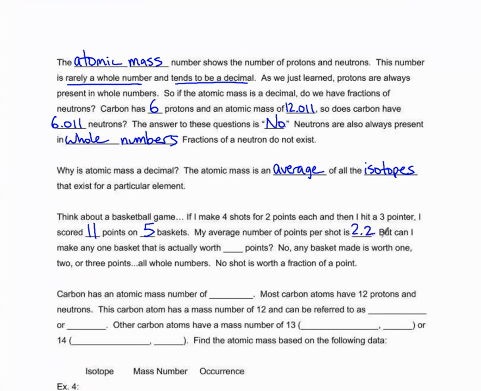Can I make any one basket that's actually worth 2.2 points? No, it's not possible. Any basket that we make is worth 1 point, 2 points, or 3 points, all whole numbers. No shot is worth a fraction of a point. Just like there's no fractions of neutrons, there's no fractions of protons.